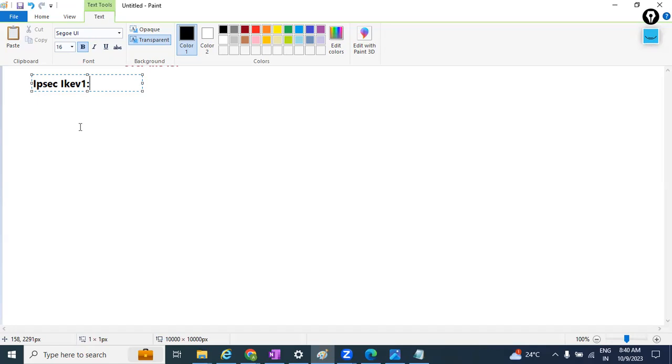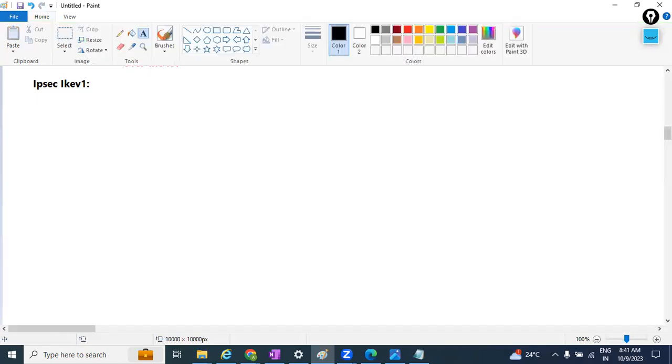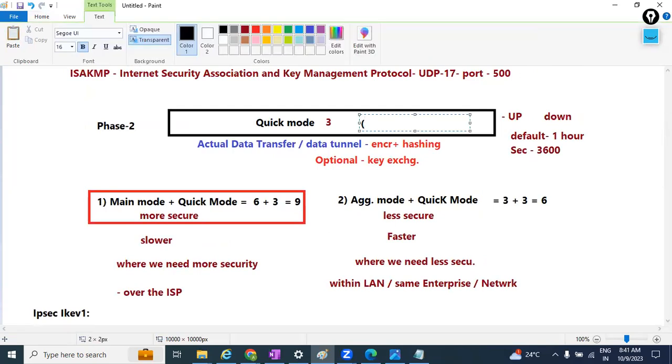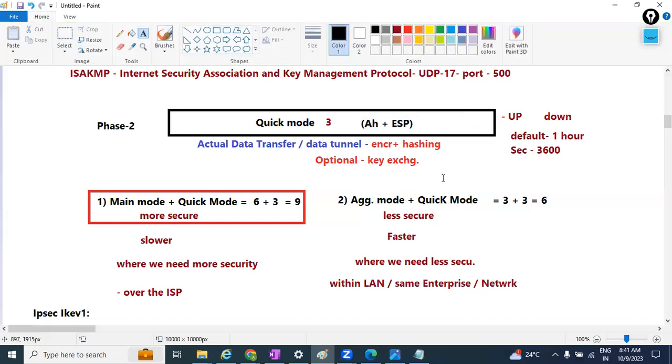But in phase 2, we have two more optional protocols, which are AH plus ESP. If I'm using ESP, it would provide encryption plus hashing. And if I'm using AH, it would provide only hashing. Okay, that's it.